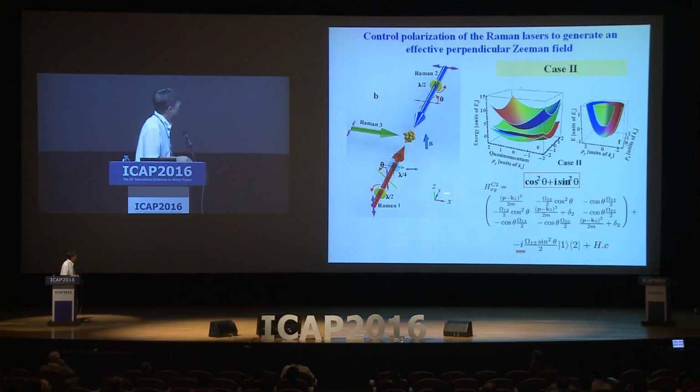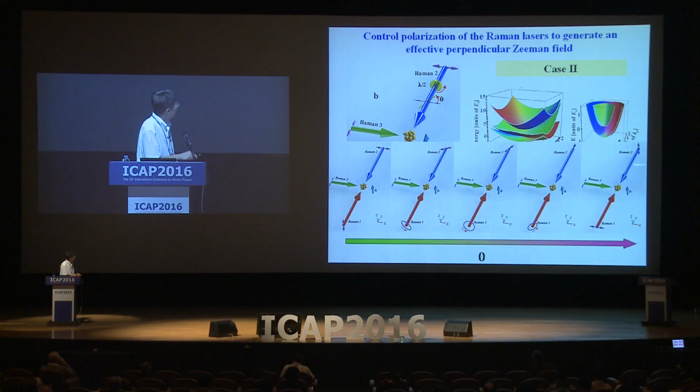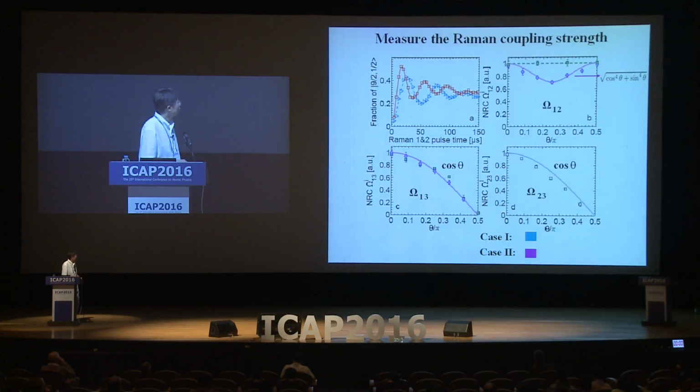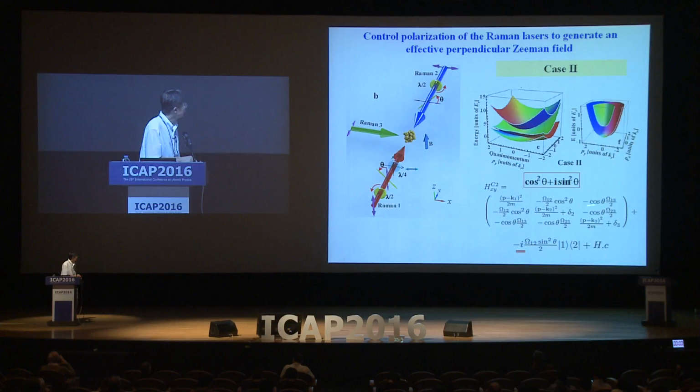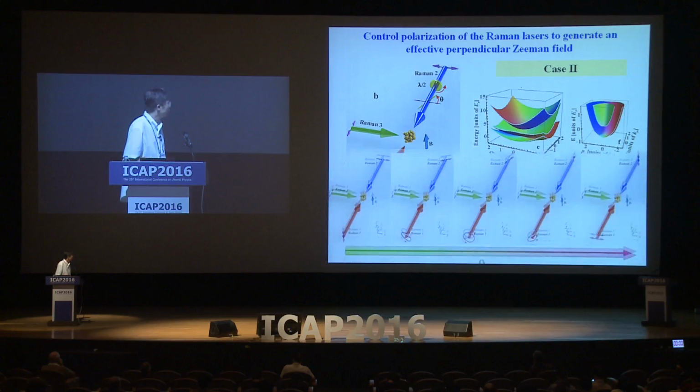For case 2, we change the Raman laser to a linear polarization and rotate from horizontal to vertical. Then Raman laser 1 is vertical, circular, and horizontal. So this Raman coupling becomes complex. We can open the gap at the Dirac point.